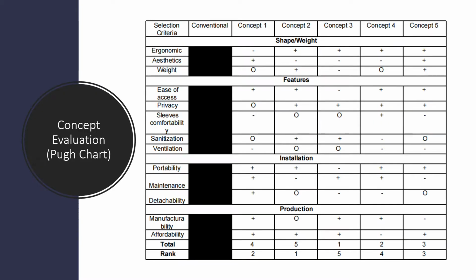Proceeding to the concept evaluation, we used a Pugh chart emphasizing 4 criteria, which are shape or weight, features, installation, and production. As you can see here, concept 2 ranked first, followed by concept 1, concept 5, concept 4, and concept 3.